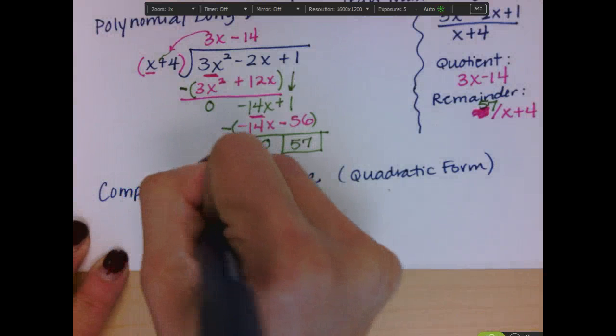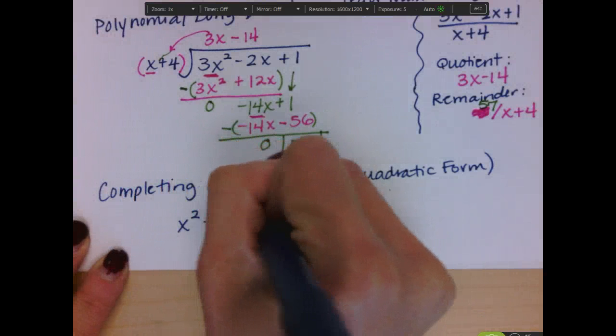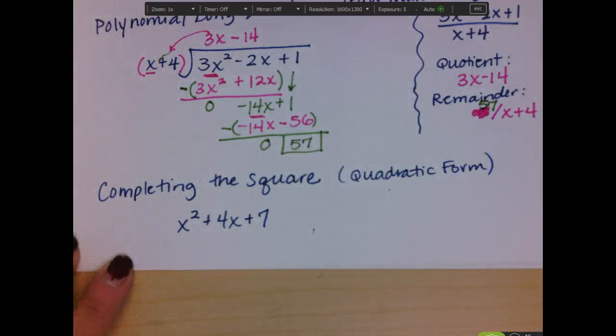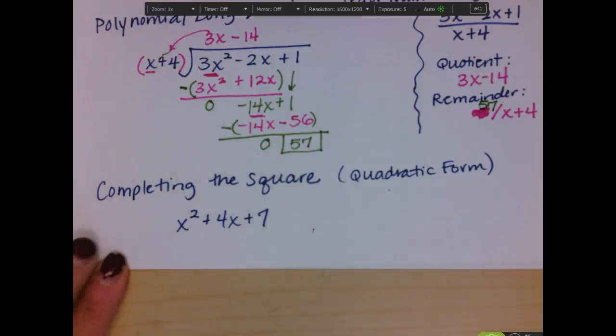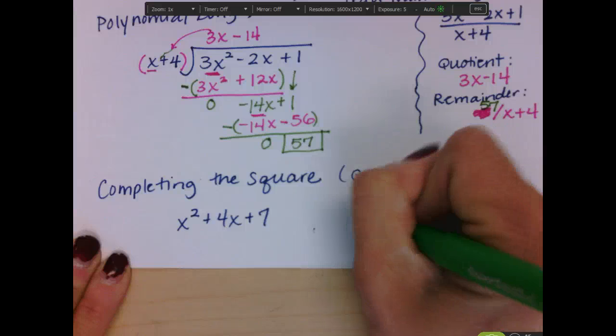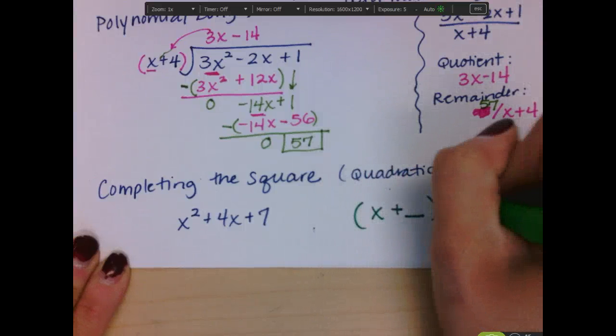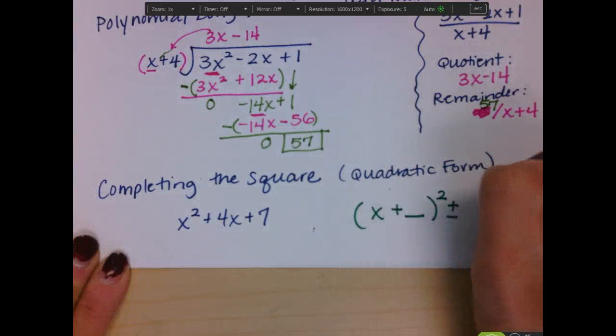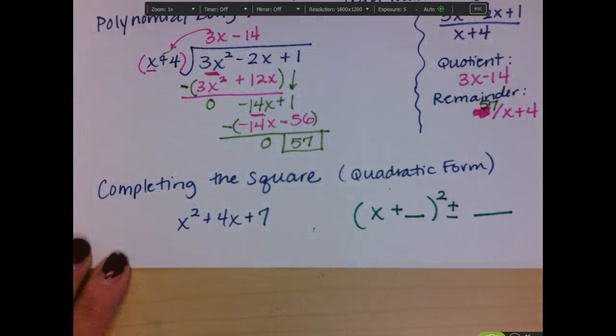For example, x squared plus 4x plus 7 is a quadratic expression. The idea is to write it once again in this form. X plus something squared, and then plus or minus something.